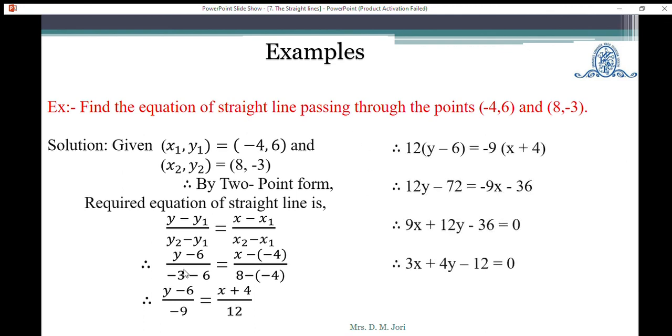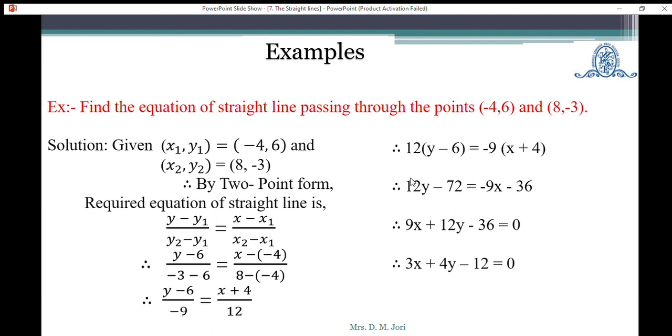Next, do the cross multiplication. 12 into y minus 6 equals minus 9 into x plus 4. So 12y minus 72 equals minus 9x minus 36. Again, write your final answer in standard form.